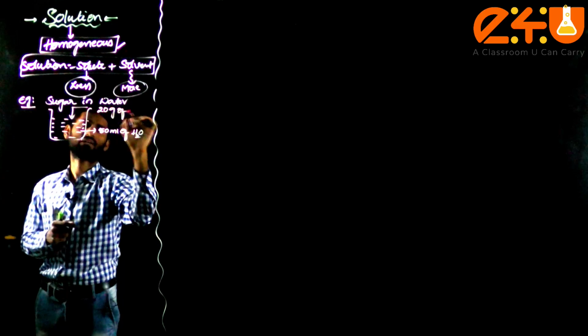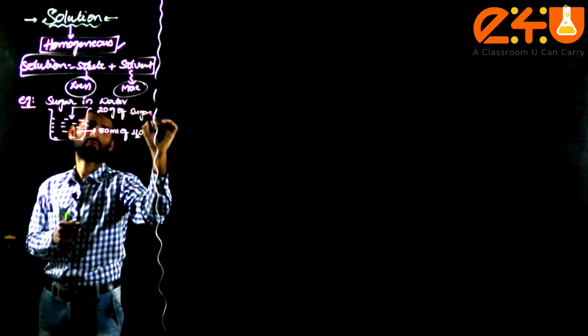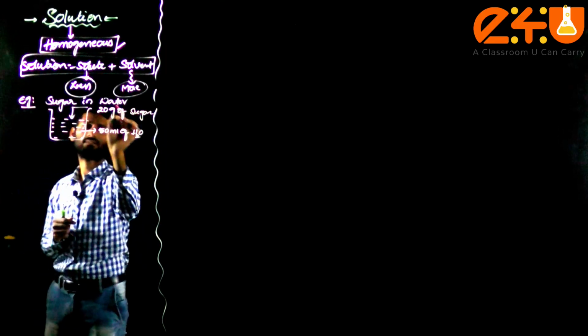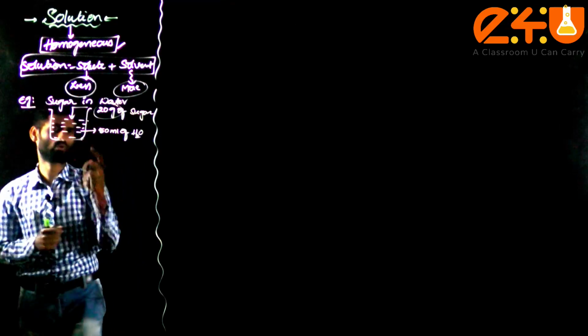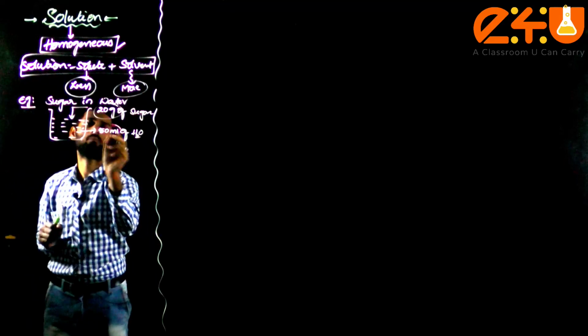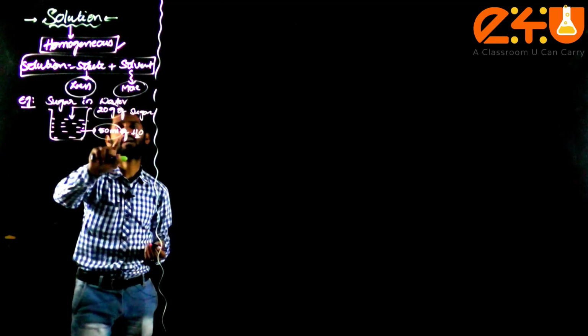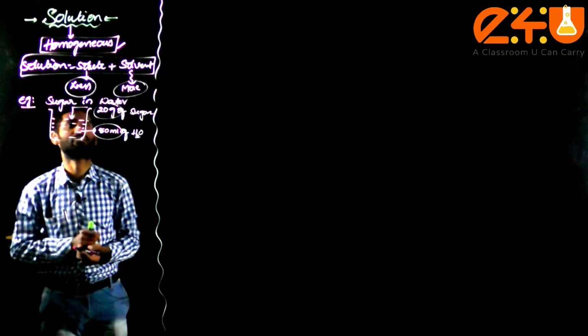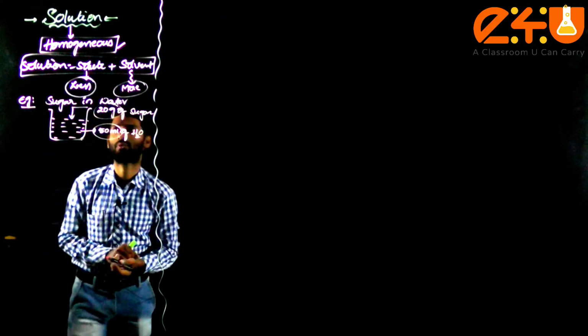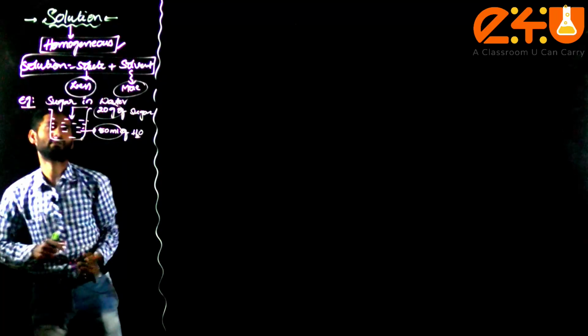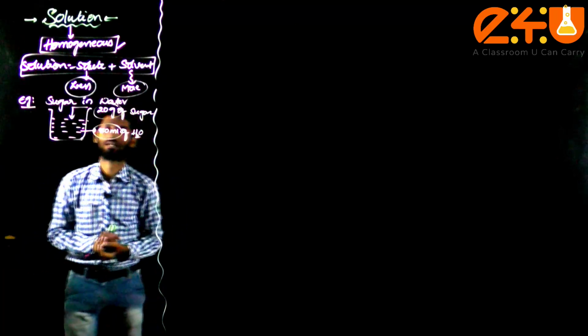I am adding 20 grams of sugar. That means this 20 grams of sugar, generally the less quantity, is called the solute. Generally the more quantity is called the solvent. More quantity here, dear students, is solvent, less quantity is solute; the solution equals solute plus solvent.